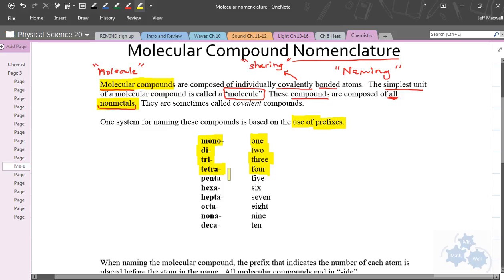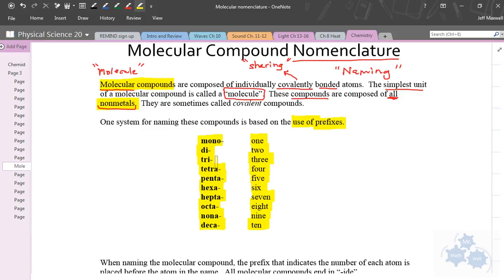So tetra for 4. There's also quad, which means 4, but not in chemistry. We say tetra. Penta is 5. Hexa is 6. Hepta 7. Octa 8. Nona 9. Deca 10.